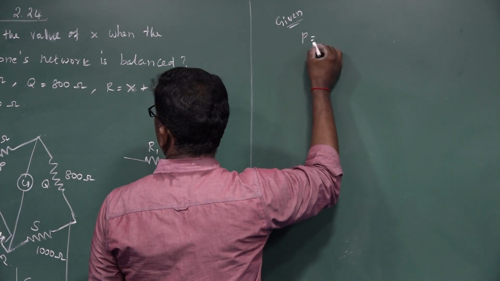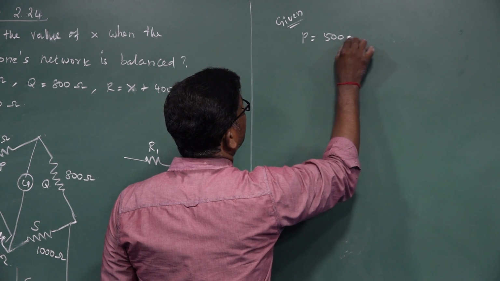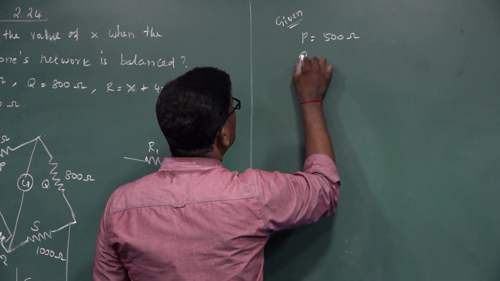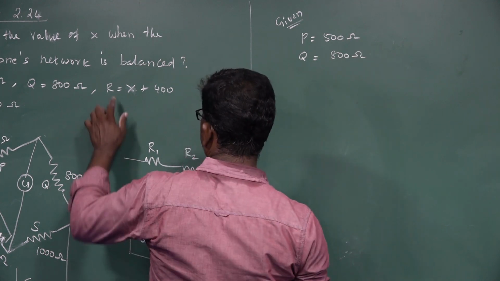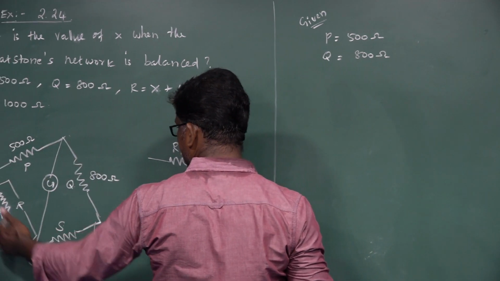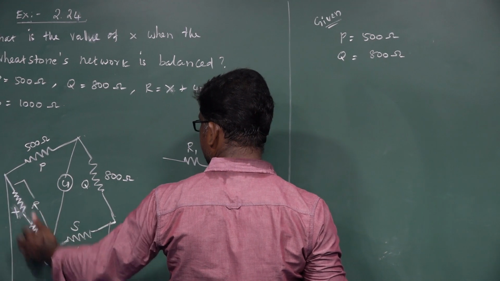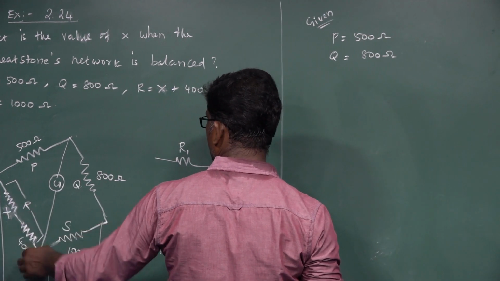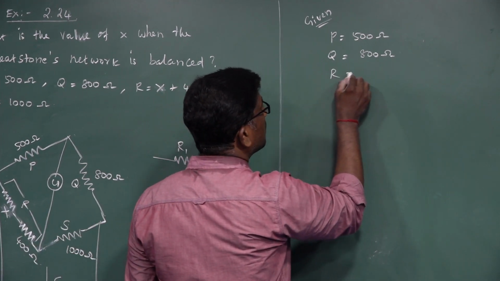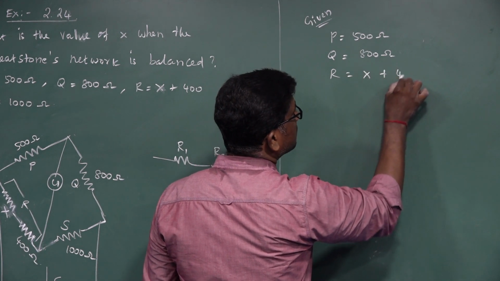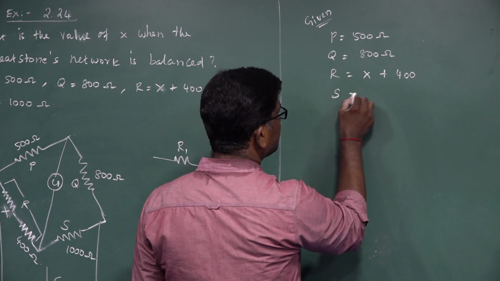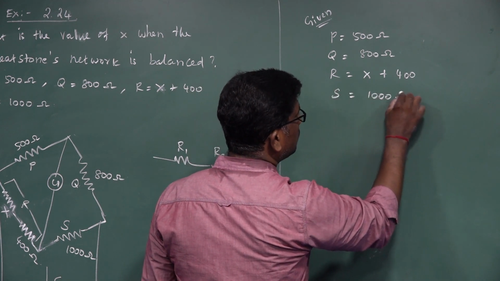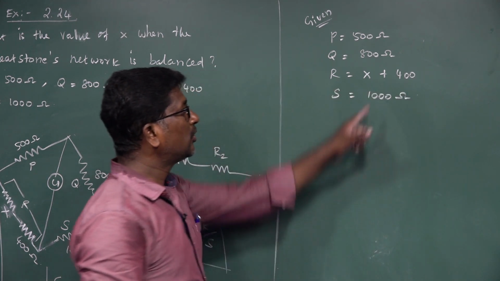First, P is equal to 500 ohm, Q is equal to 800 ohm. In the place of R, there are two resistances X and 400. These two are in series, so that is why R is equal to X plus 400. Next, S value is 1000 ohm.